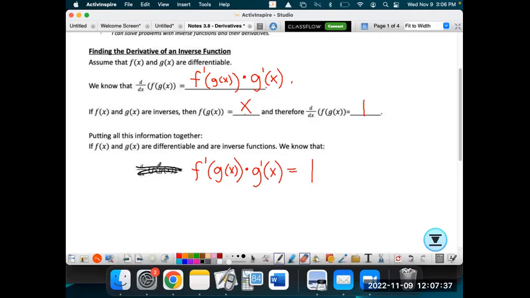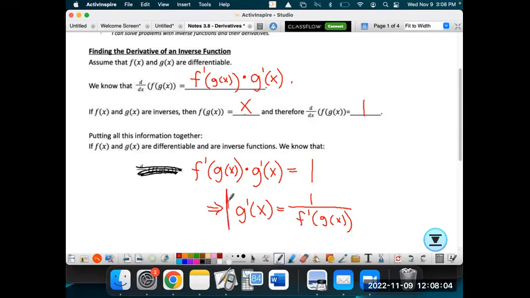So ignore what I have over here for a second. If I just wanted to know the derivative of that inside function by itself, really, it would just be g prime of x equals 1 over the derivative of the outside. So the derivative of the inside function is equal to 1 over the derivative of the outside.